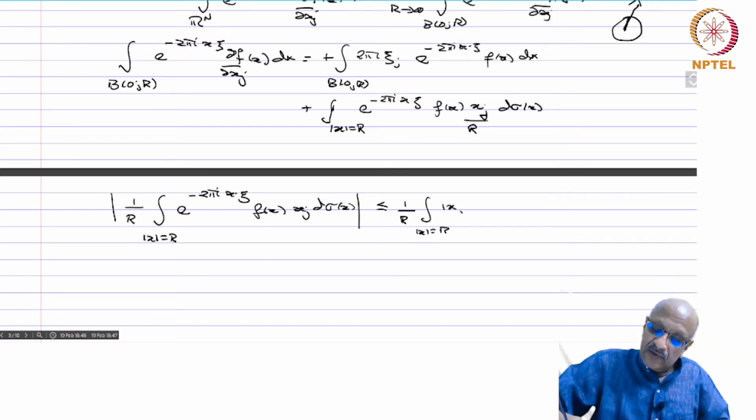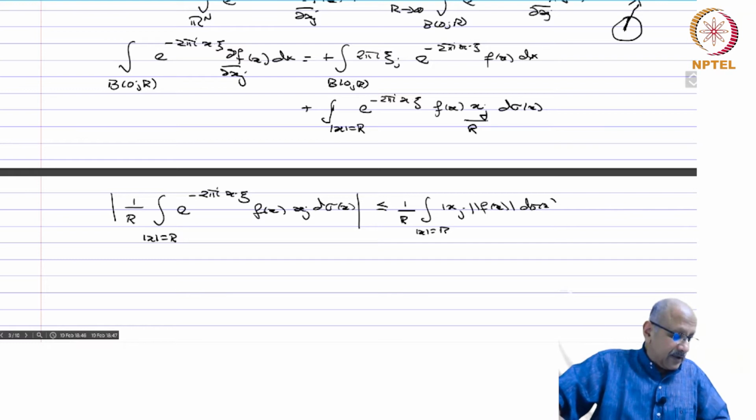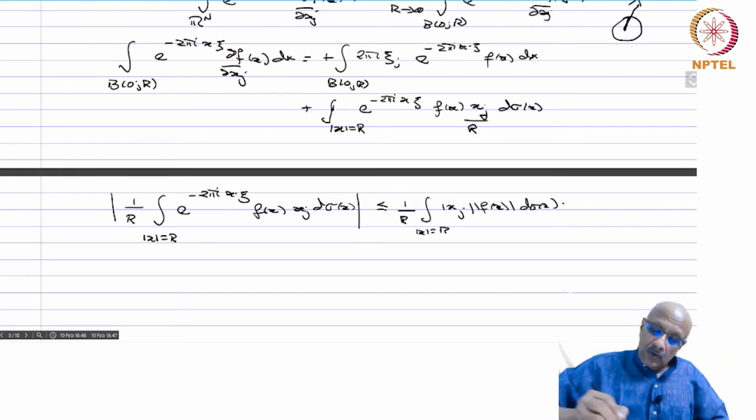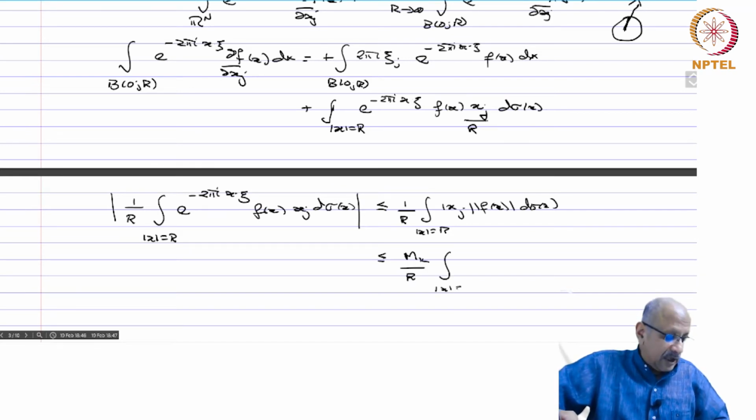Now this is less than or equal to Mk/r times the integral over |x| = r of |xj| (1 + |x|^2)^(-k) d sigma x.